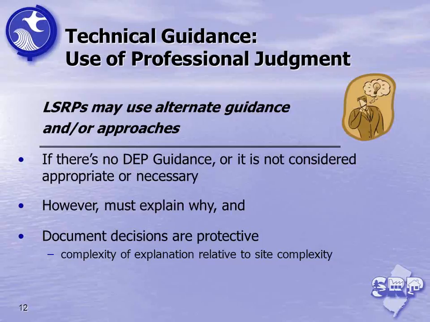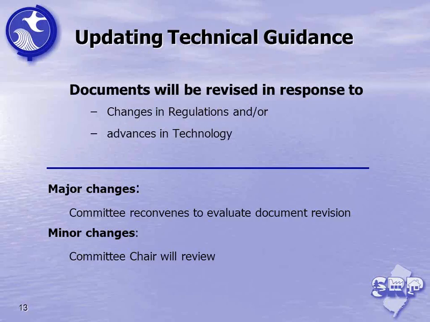And I think that's not just important to the DEP, although it is. In many instances, if the DEP has questions, they can't issue an RAO, or they'll delay the process. But in addition to that, I think it's very important for other LSRPs, especially those who are picking up cases where work was previously done. I think it's critical for them to know what was done at the site and how it impacts the work they're about to undertake. Clearly, the complexity of any explanation is going to be relative to the complexity of the site conditions.